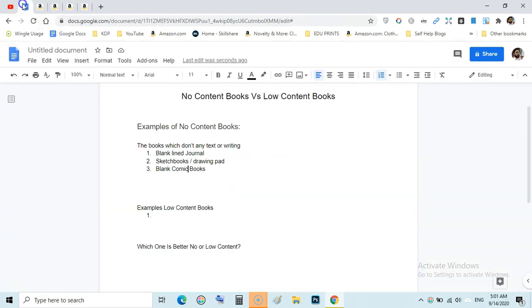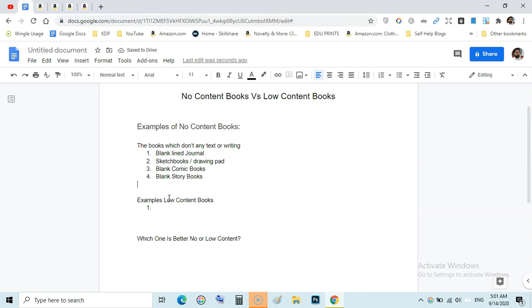This is another example of no content books, that is blank storybooks. So these are some examples of no content books. So now you have a better understanding of what a no content book is. Any book that doesn't have any sort of text or writing on it is called a no content book.